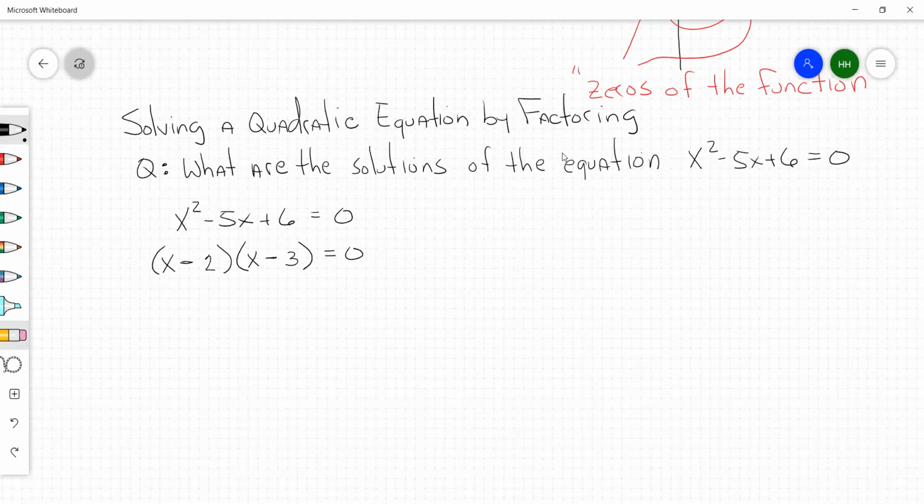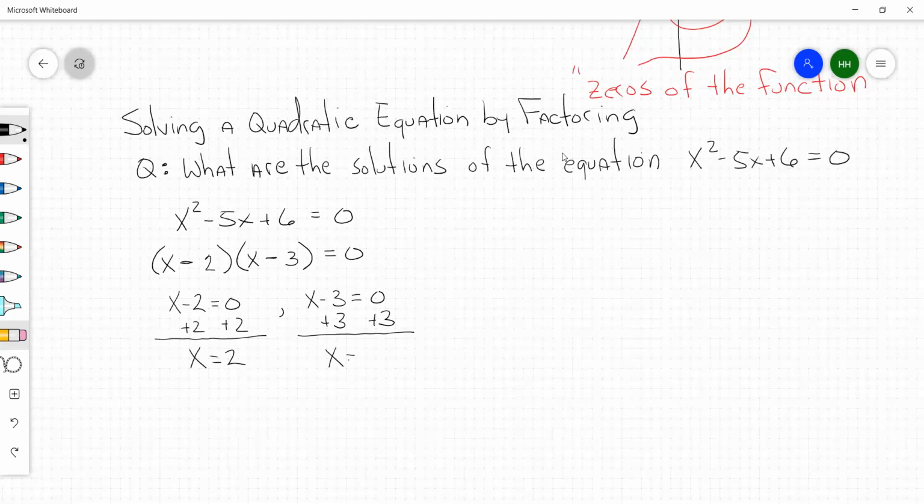So what we do now is we break this apart, and we make x minus 2 equal to 0, and x minus 3 equal to 0. And then we solve for x. We would add 2 to each side, and x would equal positive 2. And then we would add 3 to each side, and x would equal 3.